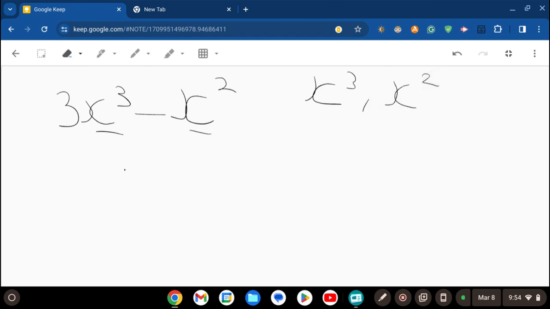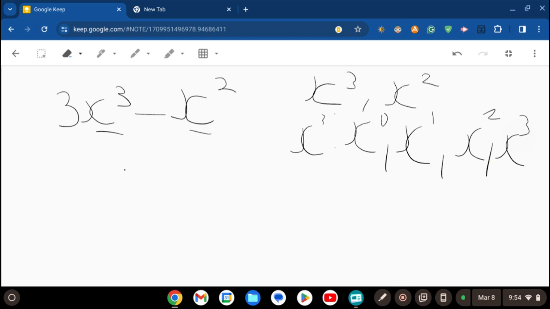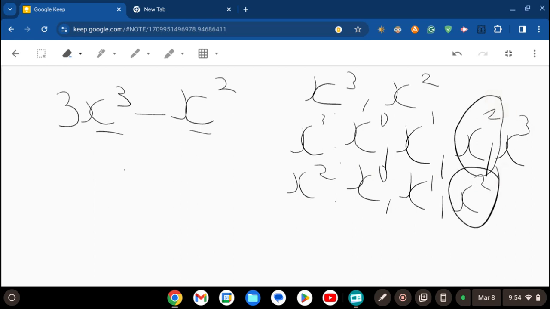The factors of x cubed are x to the 0, x to the first, x to the second, and x to the third. And the factors of x squared are x to the 0, x to the first, and x to the second. If we look, the HCF they would have is x squared. Hence, we can just factor out x squared.